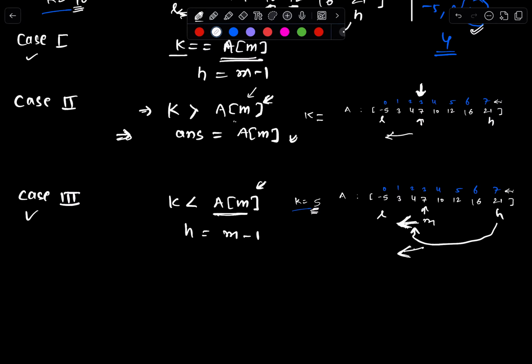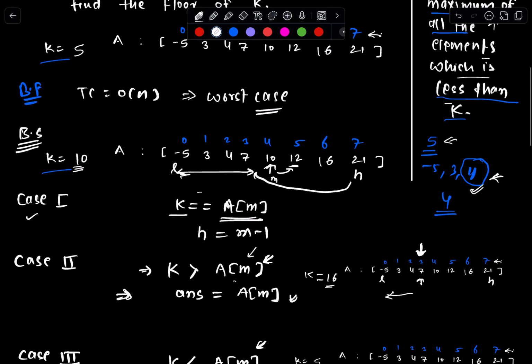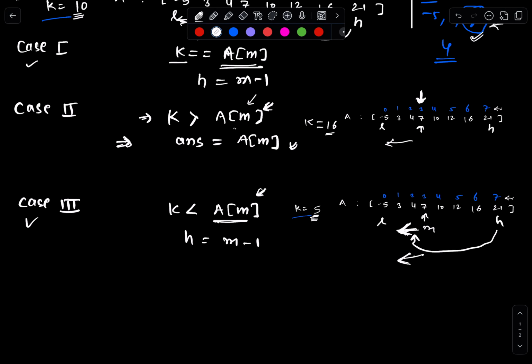Now let me take another example. Right now, my target is 16 and my middle element is 7. So my middle element is lesser than the target. As per the condition, an element which is less than k could be the answer. So this element is less than k, so this could be the answer.